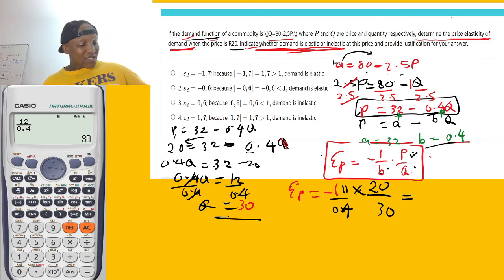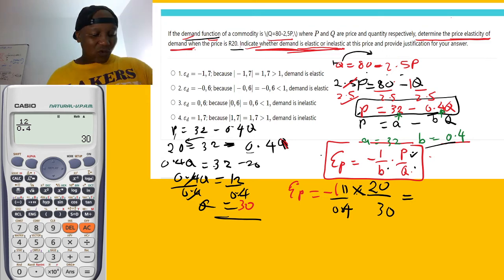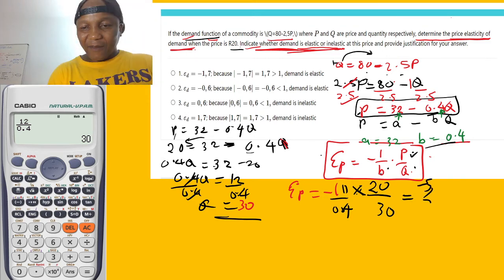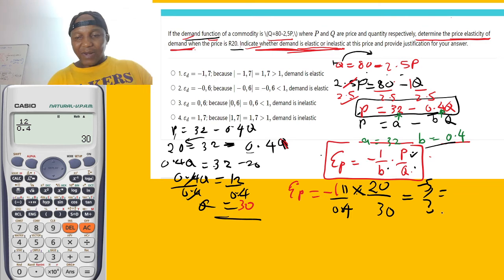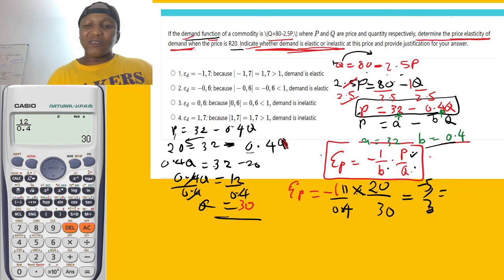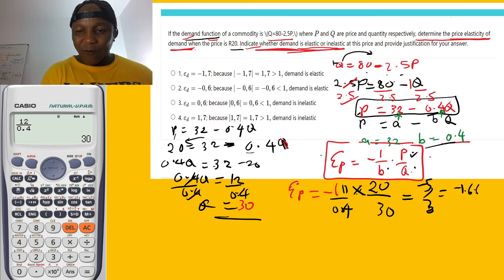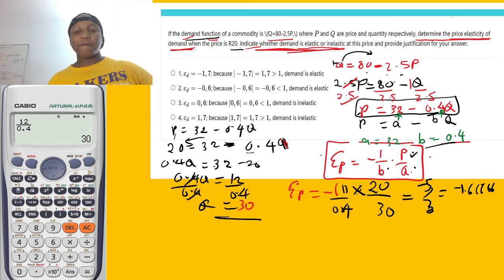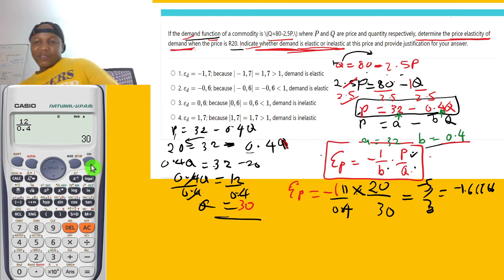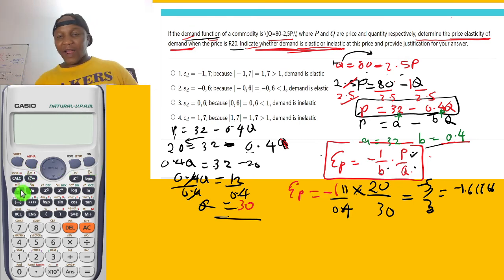So you can simply plug it into the calculator, and this is going to give you negative 5 over 3, which is negative 1.6666. Let me plug it in for you just in case. Clean everything, use a fraction.